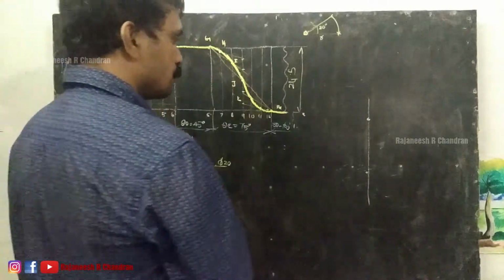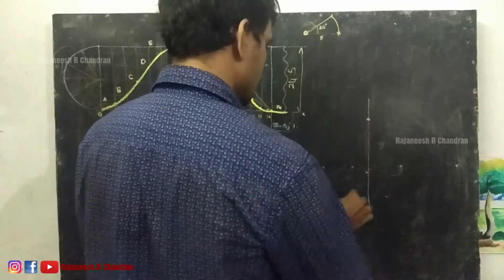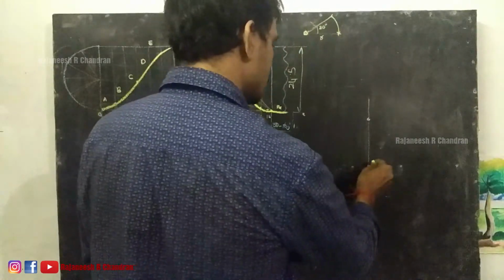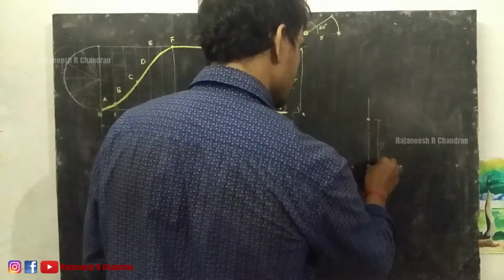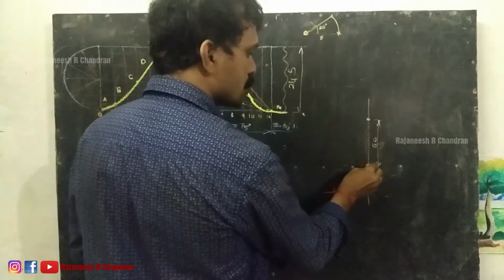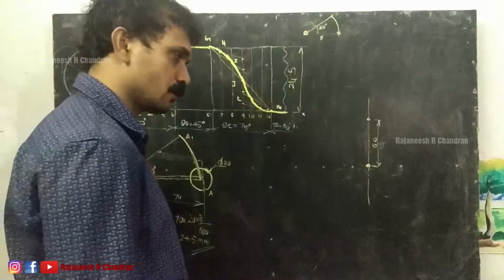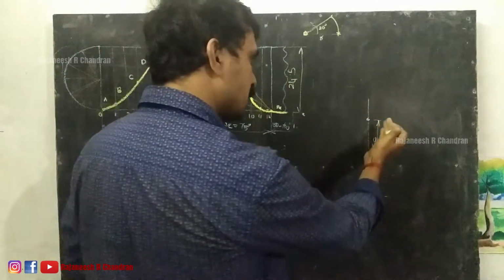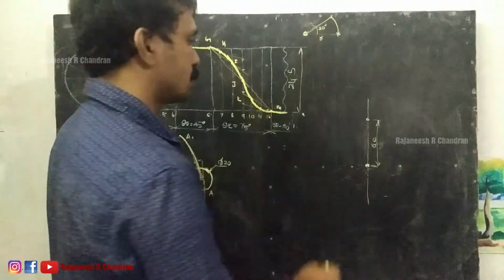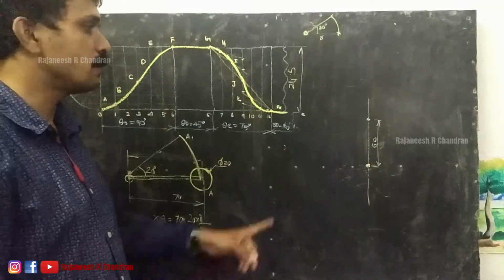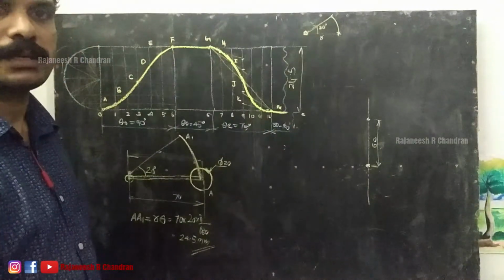Clear? If this is the pivot point, if this is 60, see, we have assumed this point as the center of rotation of the cam. So at a height of 60 from that point and at a distance of 70 from that point, this is the pivot point, right? So we have obtained the pivot point.